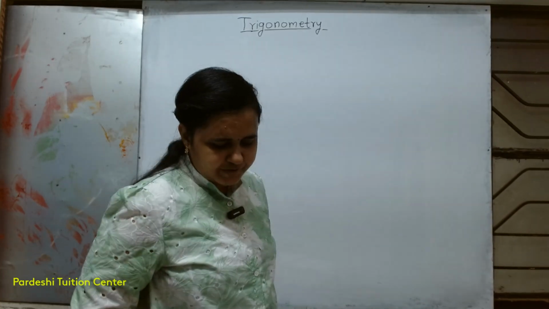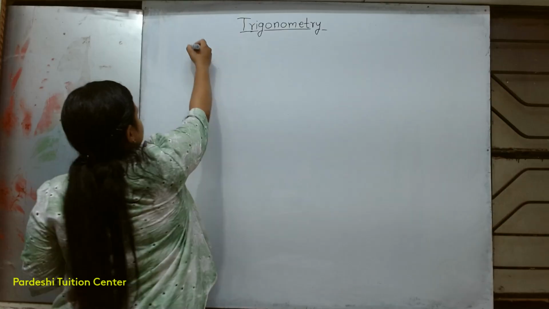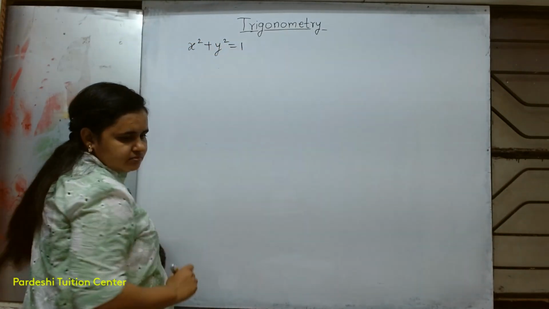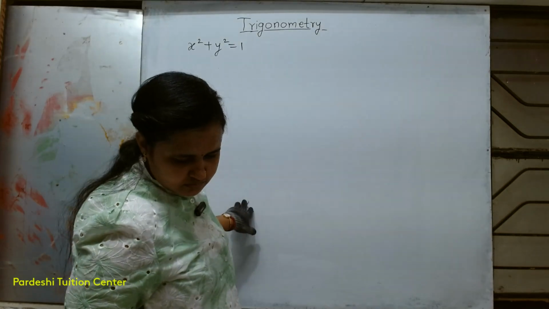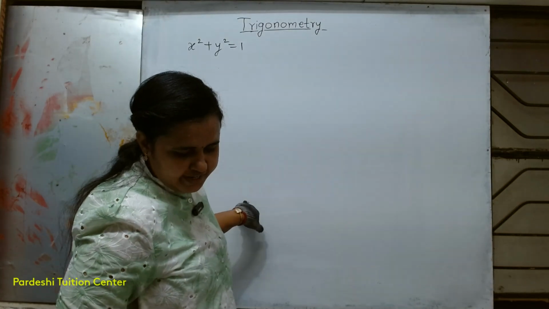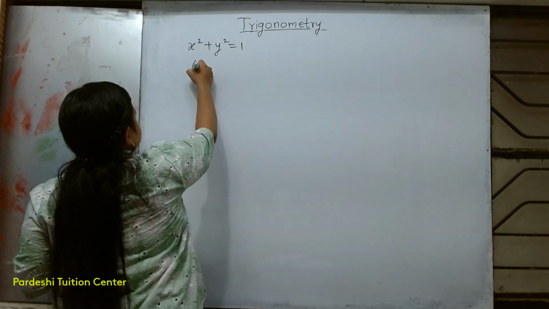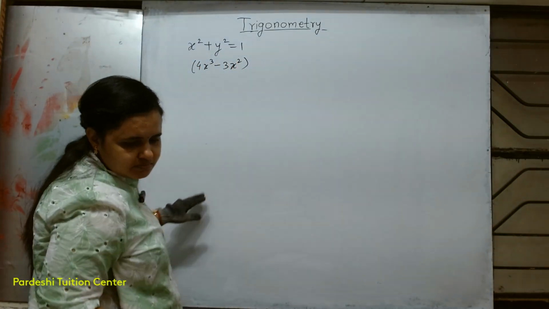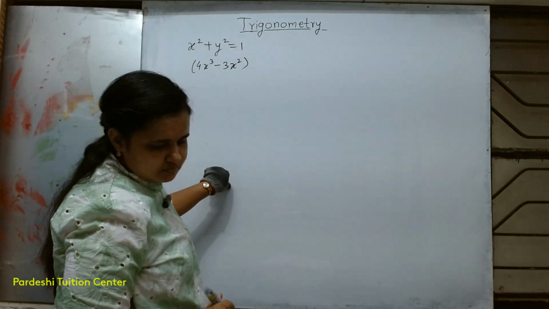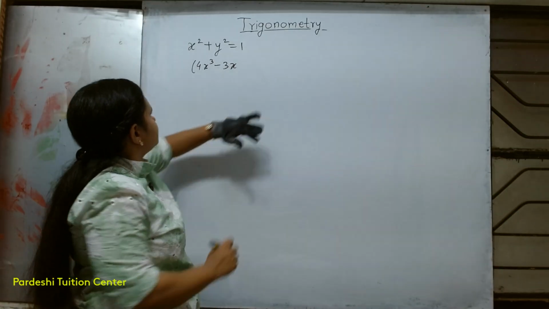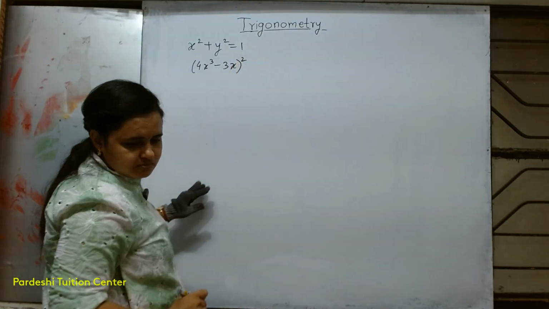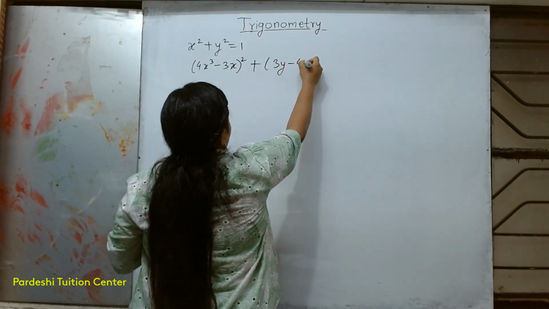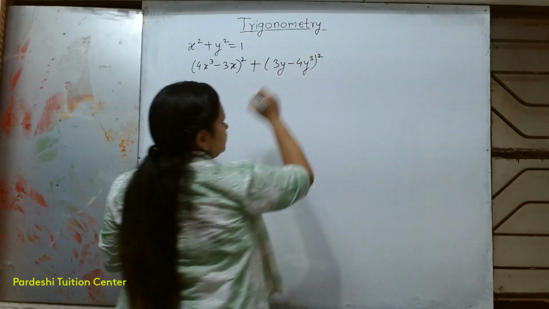Now fourth one, if x square plus y square is given as 1, then 4x cube minus 3x, the whole square, plus 3y minus 4y cube, whole square.